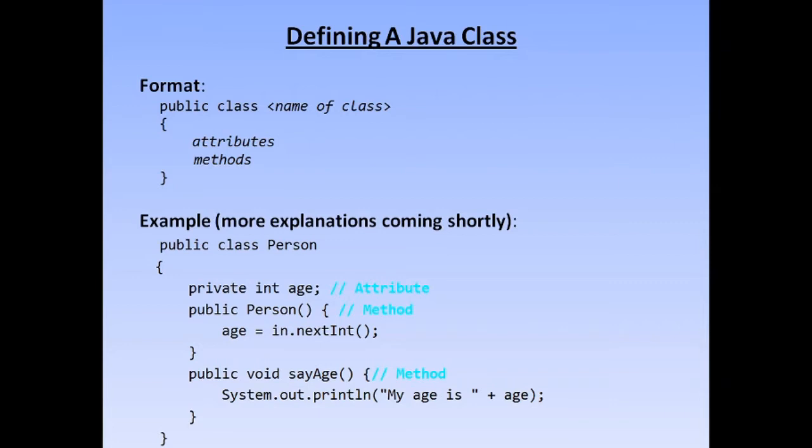Here we can see age is an attribute and person is a method, a class method. This function person is a special kind of method called a constructor. It is just initializing the value of the attribute inside the class, that is age. Now there is another method, say age, that has void as its return type, and it's not taking any arguments, and what it is doing is just printing the age, that is the attribute of the class.